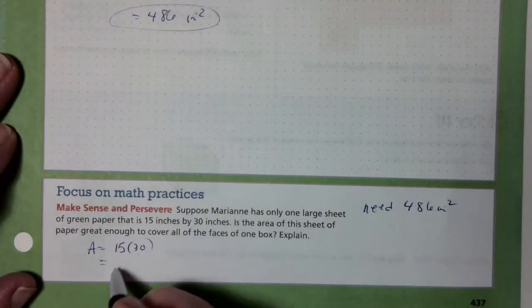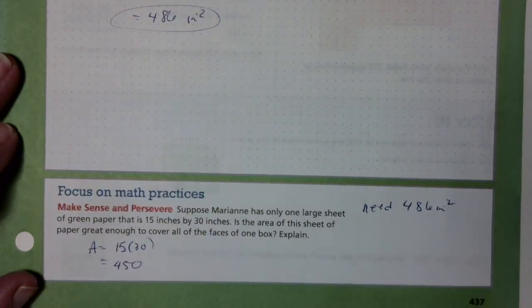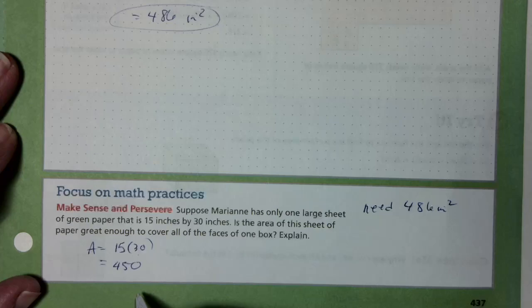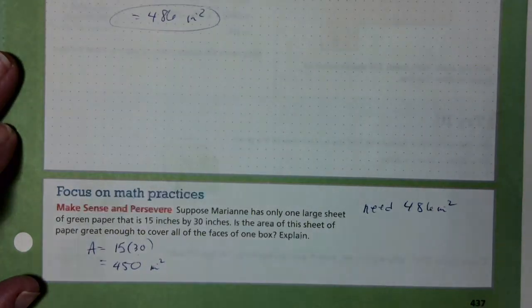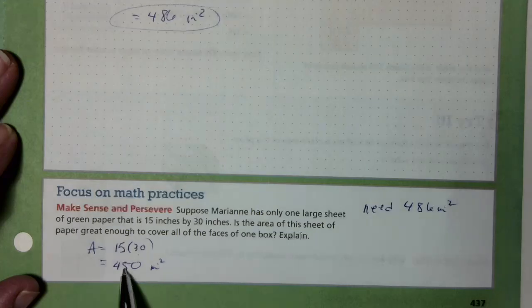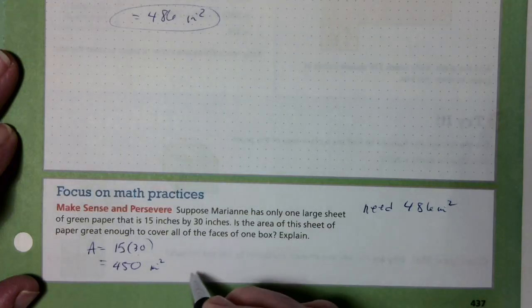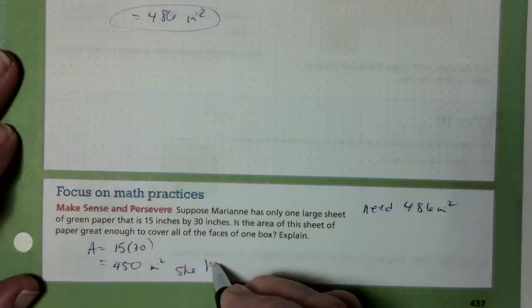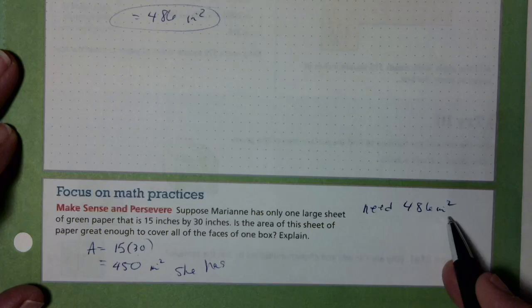Well, 3 times 15 is 45, and if I put a 0 on that, she's got 450 inches squared. If you don't believe that, then you go punch in your calculator 15 times 30. Okay? So this is what she has. This is what we need.